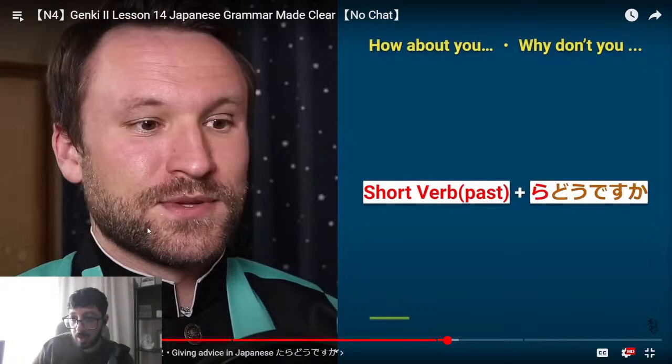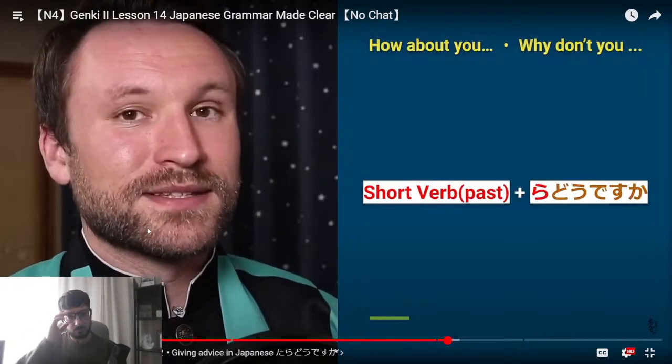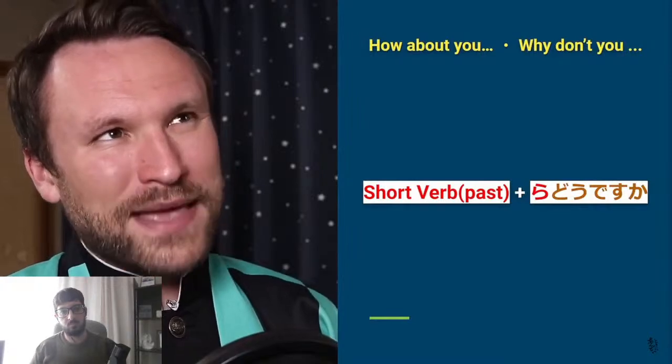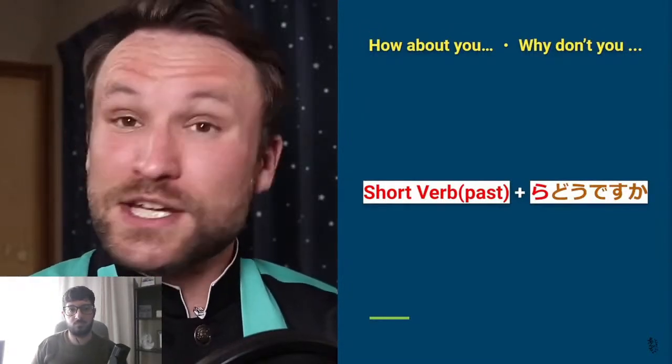Short-form past tense plus らどうですか. That's going to show up later in Genki, but it's, I'd say, the most basic form of the conditional, right?